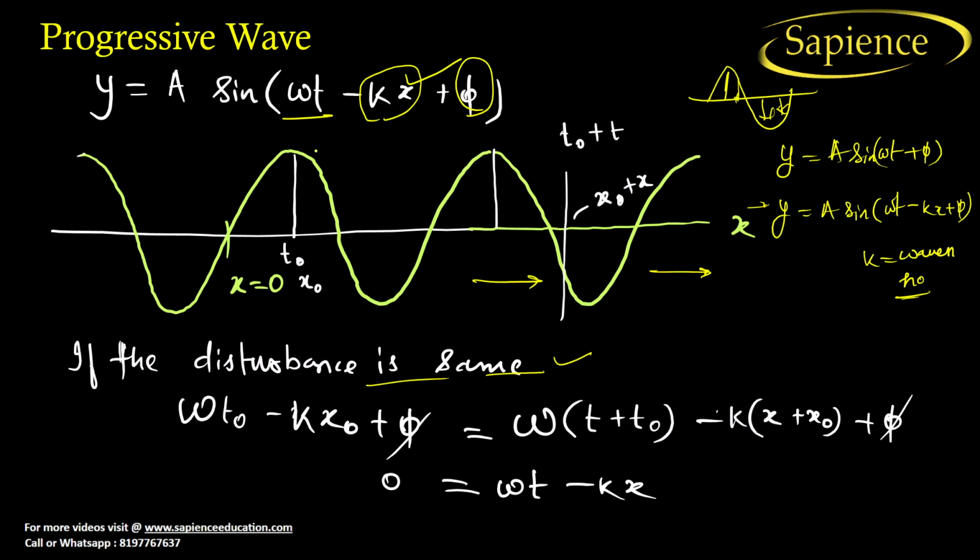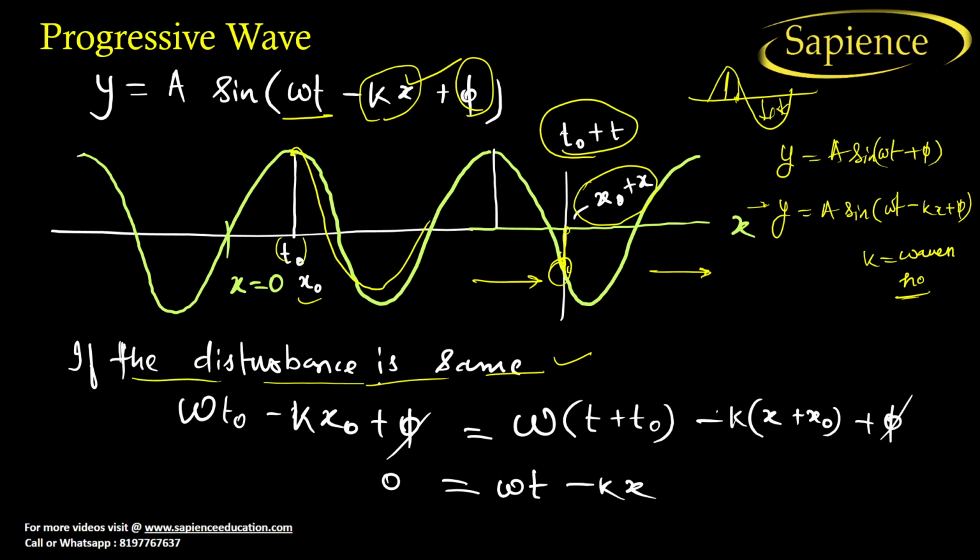For example, let us consider a point x equal to x naught at time t equal to t naught, and another point where time is t naught plus t and x is x naught plus x. Now if we consider that both have the same disturbance, both will behave in the same way. So what can we write?